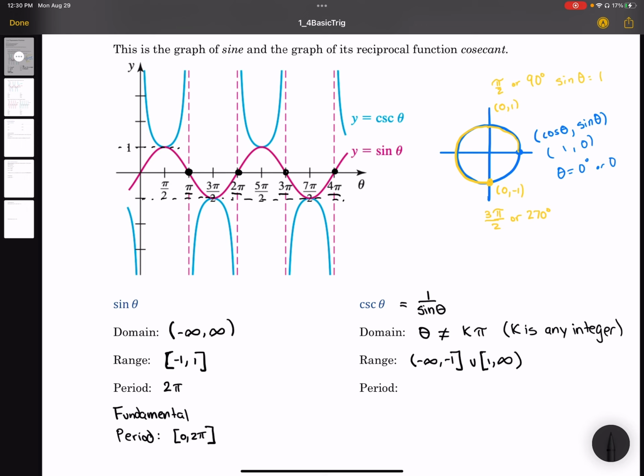And it's not possible to get a value between -1 and 1. The period, we'll notice that we get an up graph and we get a down graph, and that repeats every 2 pi. So the fundamental period, just like the sine function, is from 0 to 2 pi. And so we'll just say the fundamental period is also the same thing for that function.